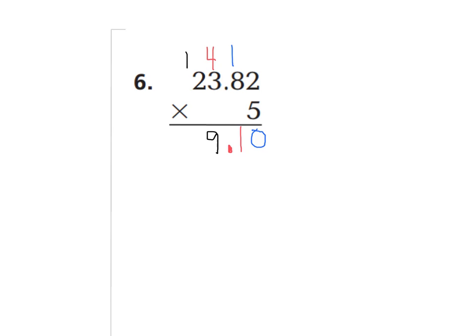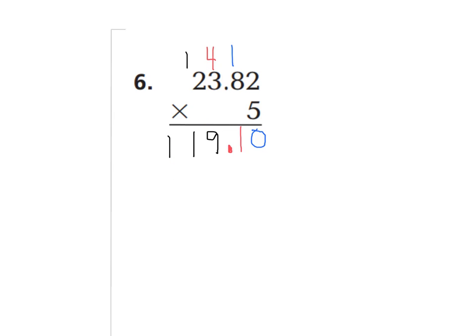And now we can do our tens place. 5 groups of 2 tens, 5 times 2 is 10, plus 1 more would be 11 tens. So I can just put 11 down there, because remember, 11 tens really has a value of 110. And that's why we have 119 and 10 hundredths.